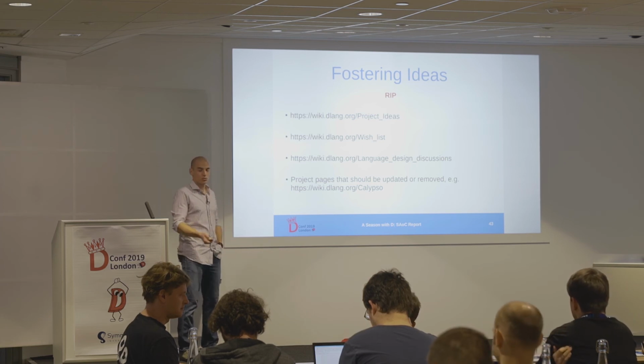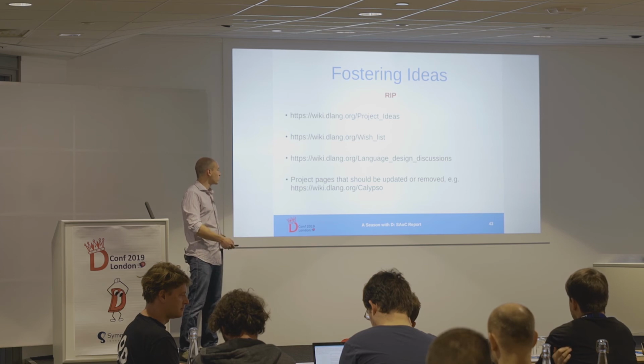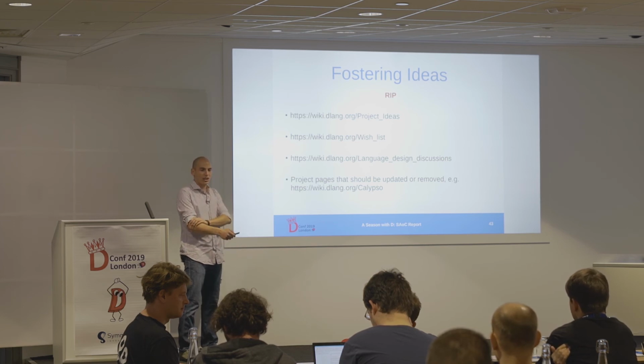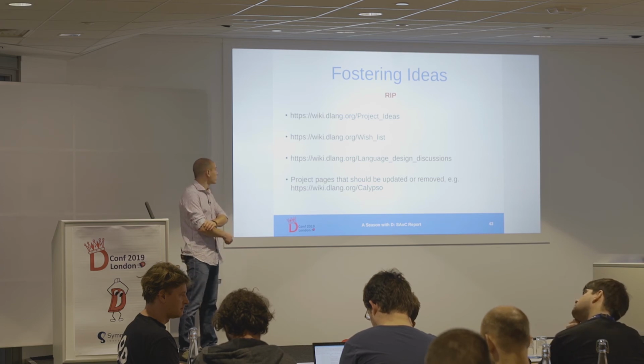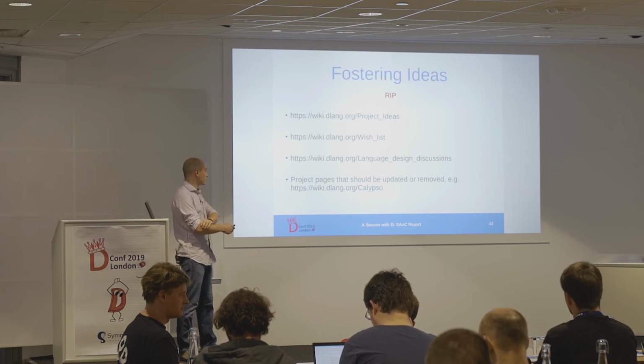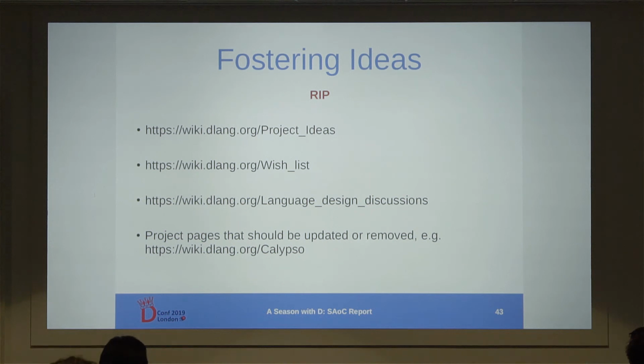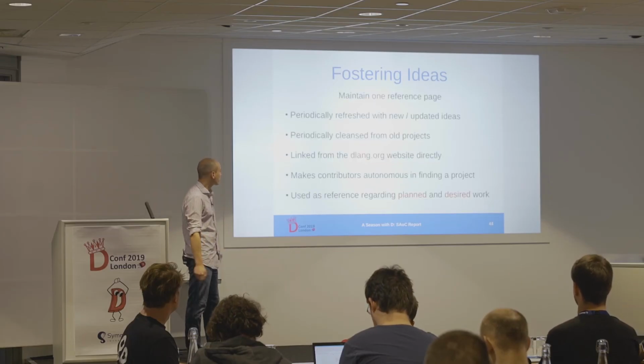It's an objective of whoever is working on Calypso to update the DLang wiki, but nevertheless, this may lower the quality of the information we have there. And this could also make other pages seem less worthy of trust when you're deciding what to do and how to do it.